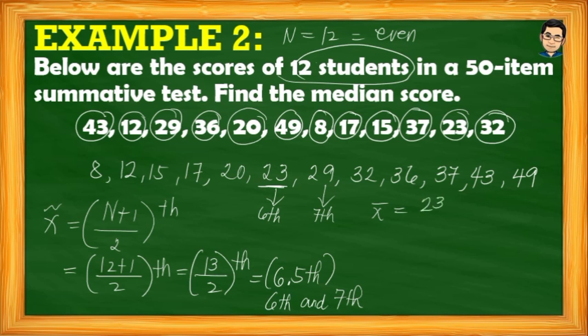So, 23 plus 29 over 2. So, that is 52 over 2, 26. So, ibig sabihin, kinuha natin yung average ng 23 and 29, which is 26. Yun po ang ating magsisilbing median score, 26.